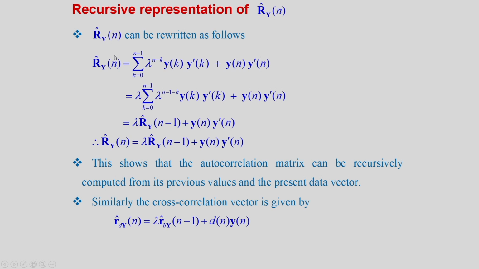R y hat n can be rewritten as the summation of lambda to the power n minus k, y k vector into y k transpose, k going from 0 to n. Now, if we separate out the term involving y n, when we put k equal to n, that term will be lambda to the power 0, which is 1.